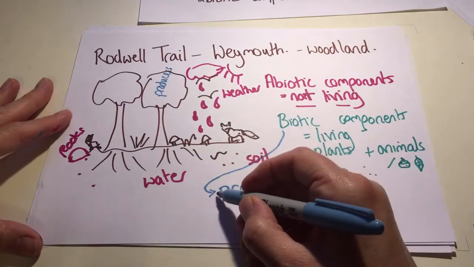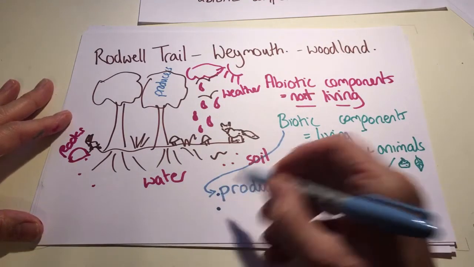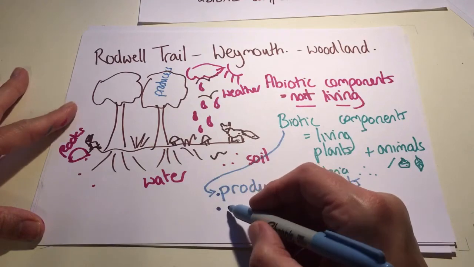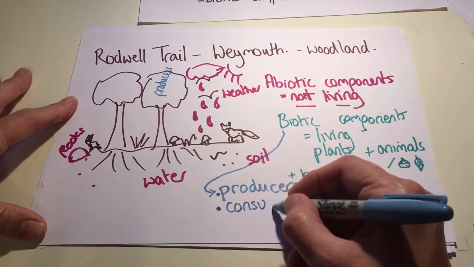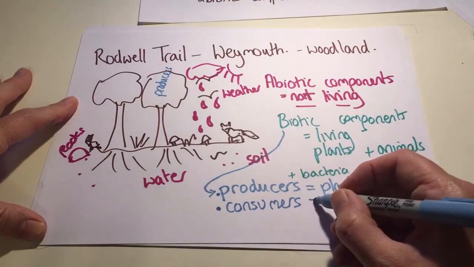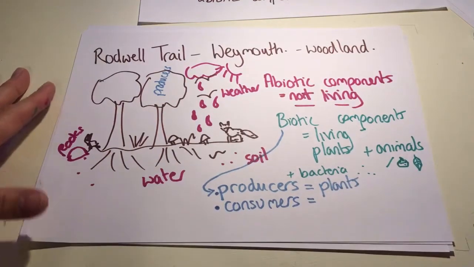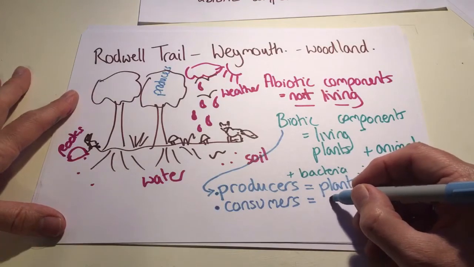The second new word we're going to put in here, which you may well remember or have come across in science, are the consumers. Now, we are consumers. I'm a consumer, you're a consumer. These are animals.